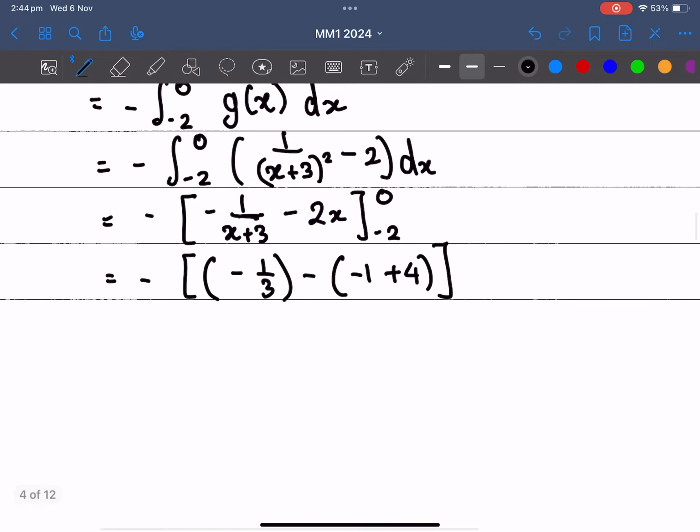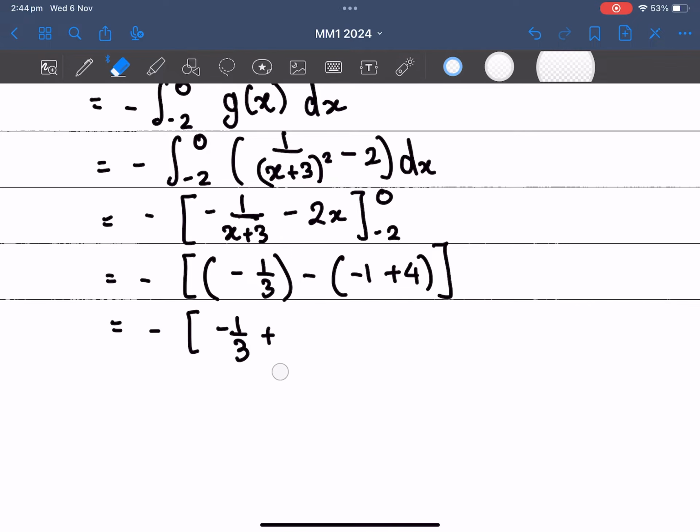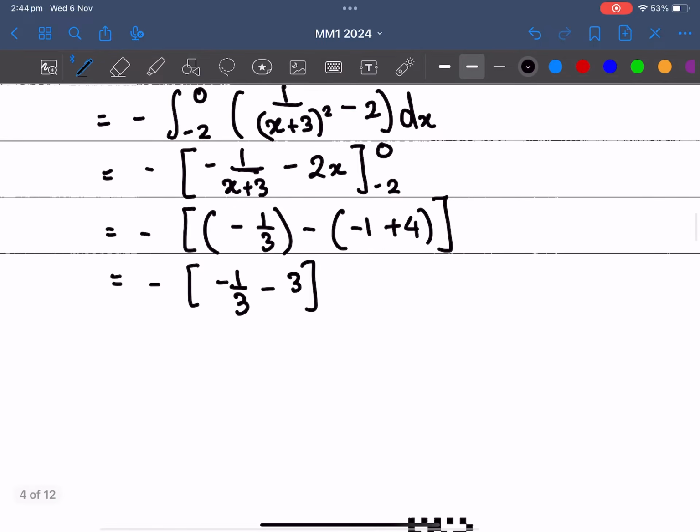Okay. So then we'll have negative 1 on 3, remove the brackets actually, negative 1 on 3 plus, so minus 3. So this will give us minus 10 on 3, and hence our answer is going to be 10 on 3.